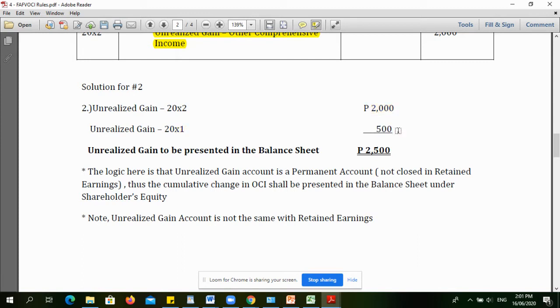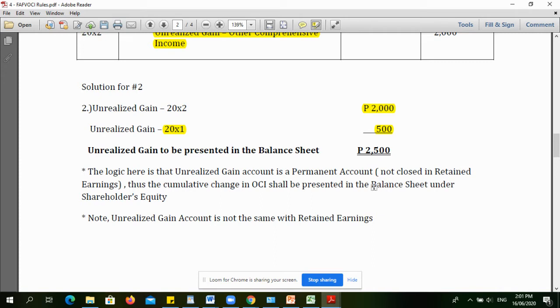So that's why the unrealized gain to be presented in the balance sheet is 2,500 pesos. Kasi, inadd natin lahat ng gains or unrealized gains from the time of purchase.